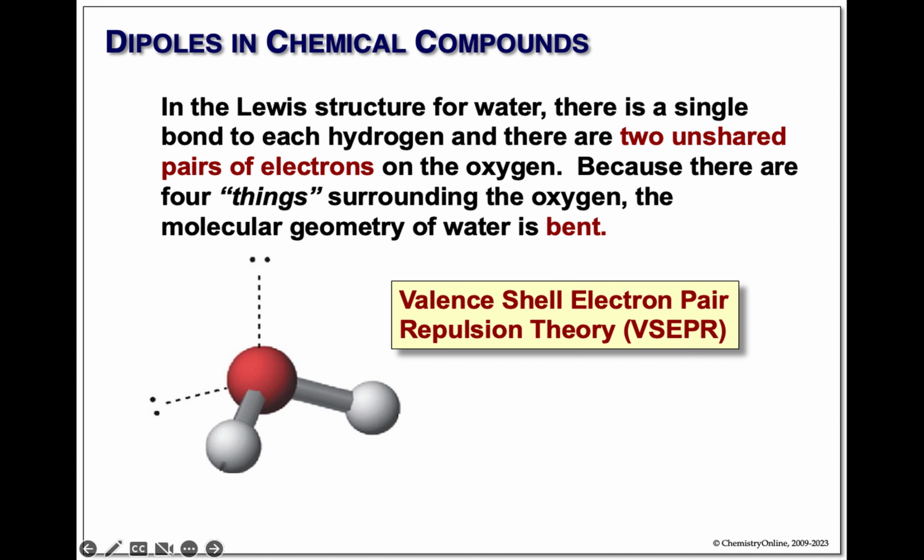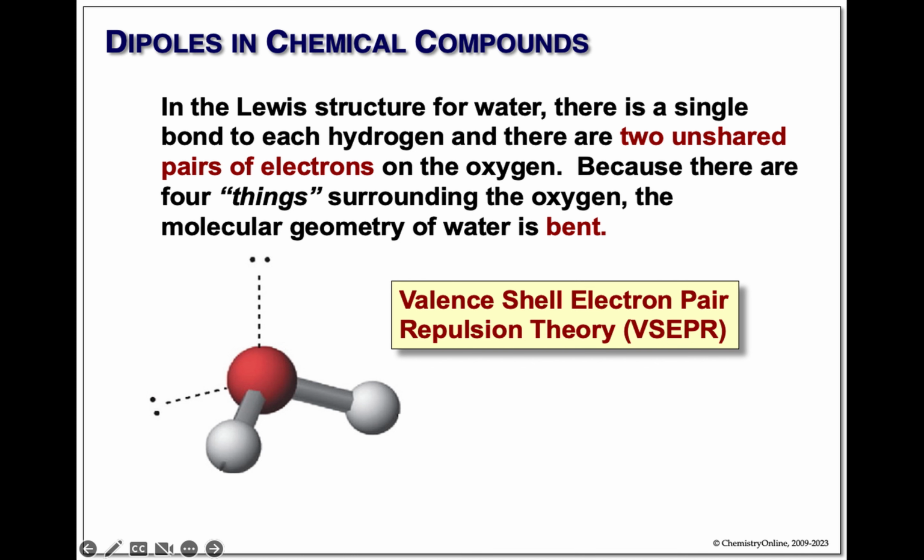And what this basically tells you is that whenever you have things with electrons around the central atom, the geometry will rearrange itself such that the electrons are as far apart as possible. And that defines the geometry of the molecule.